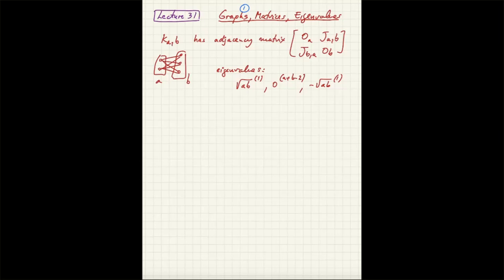Now, with this knowledge in mind, we can talk a little bit about what are called co-spectral graphs.